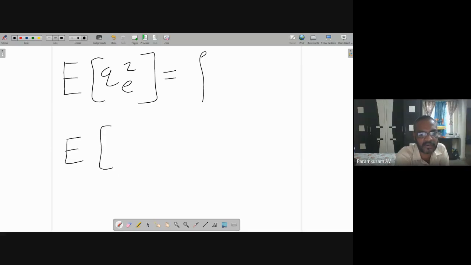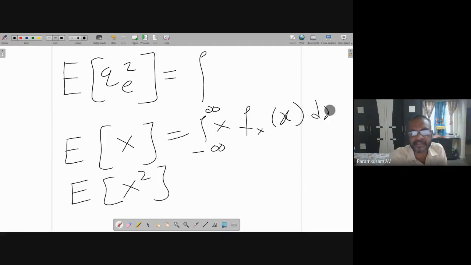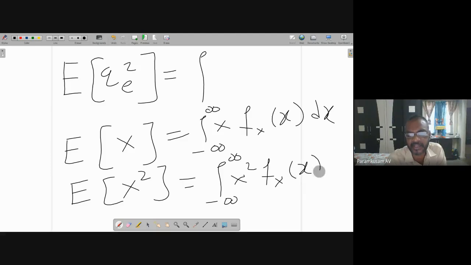The expectation of x is the integration from minus infinity to plus infinity of x into f_X(x) dx. The expectation of x square is the integration from minus infinity to plus infinity of x square into f_X(x) dx.